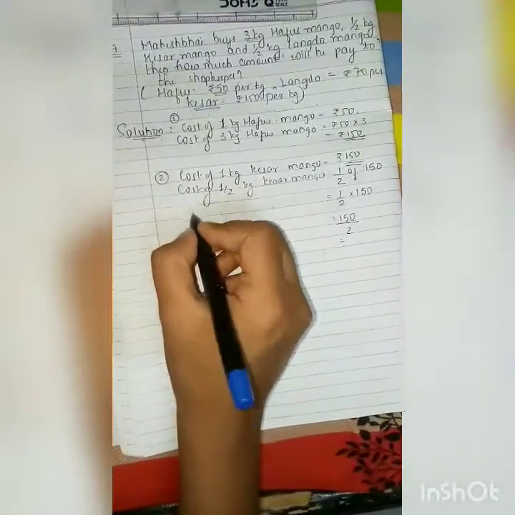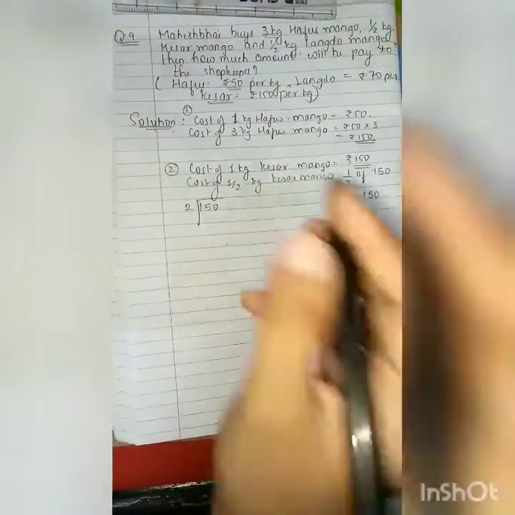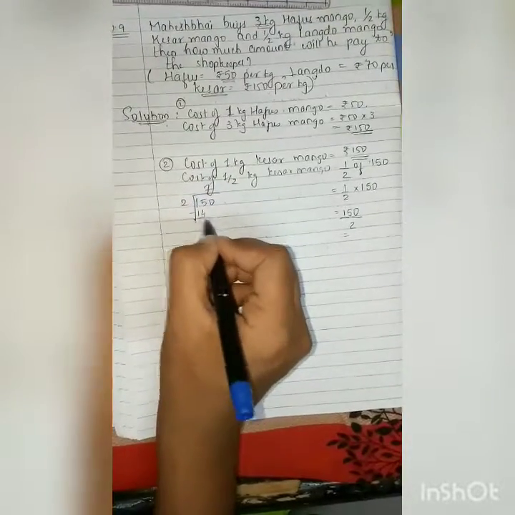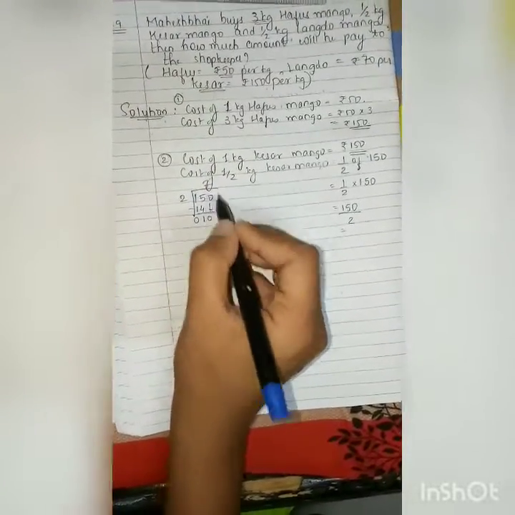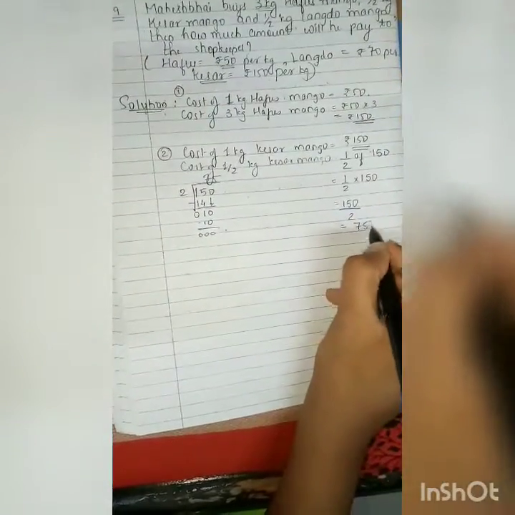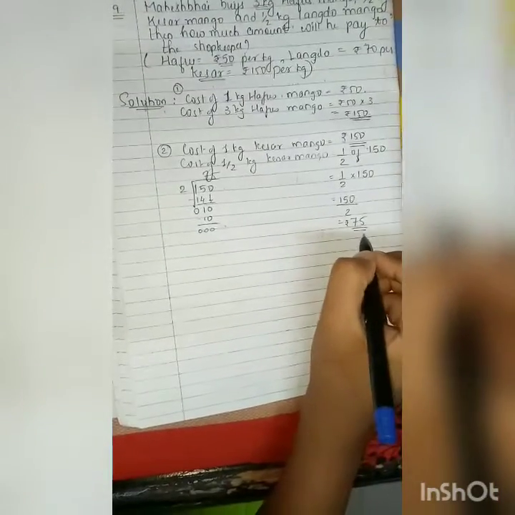Okay, so when we'll divide this 150 upon 2, so 2 7s is what? 14. So here we will get 1, 0 will be down, 5s are 10. So here we will get what? 75.